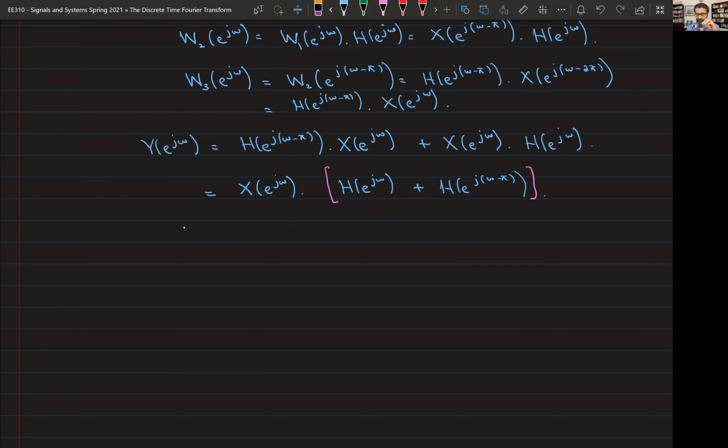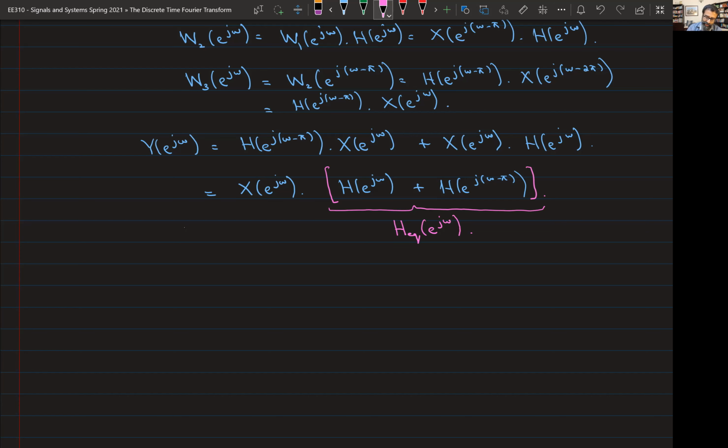Over here in the frequency domain, I do have multiplication of X with something which is a function of omega. There's no X involvement there, it's just something else, but which is a function of omega. I can say that this is the equivalent frequency response of whatever the equivalent system is, H equivalent of e raised to j omega.